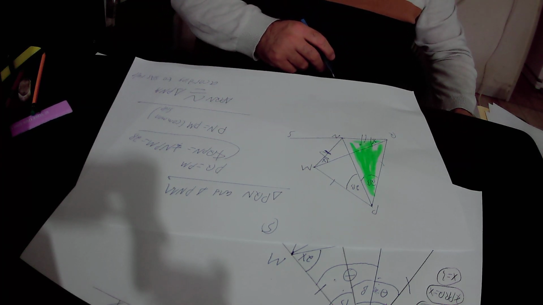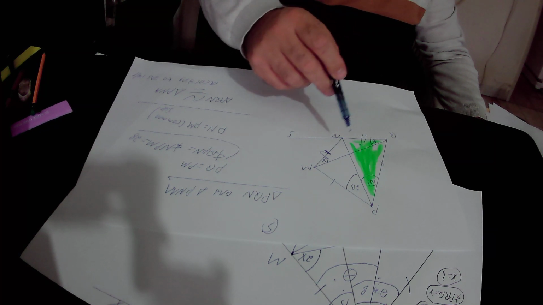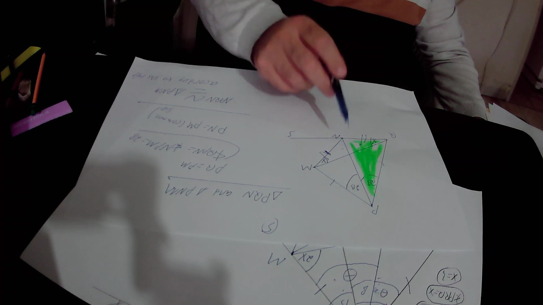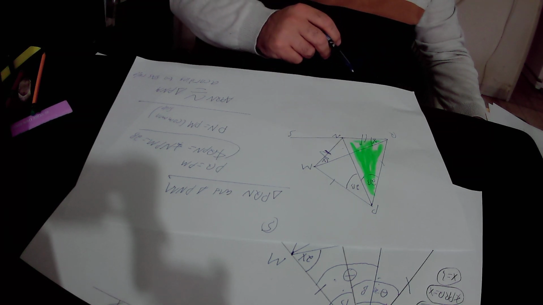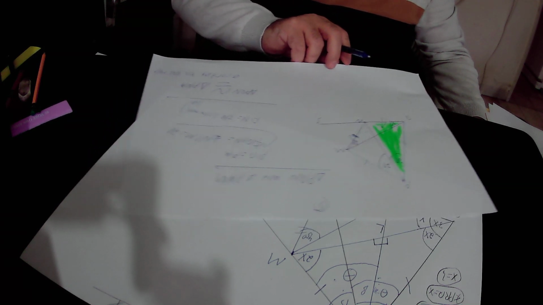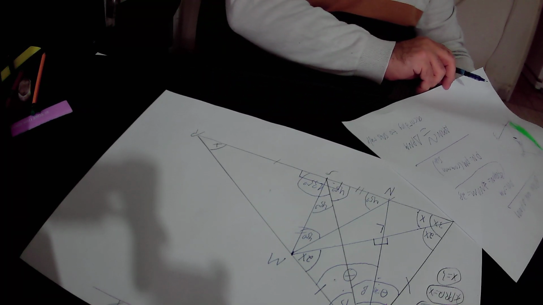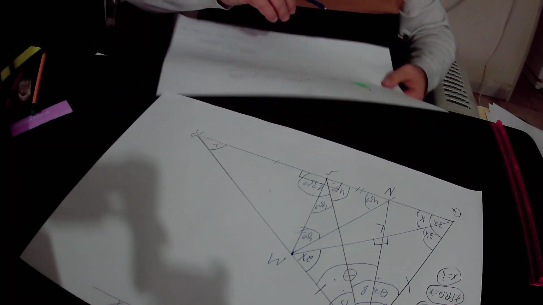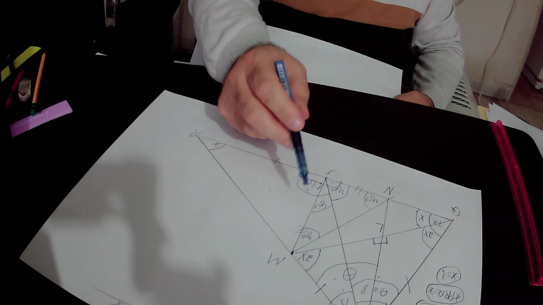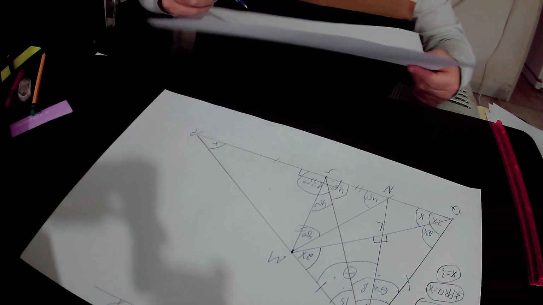So if we focus on triangle QMN, this triangle that is half green, you can see here angle MNS equals 45 degrees.